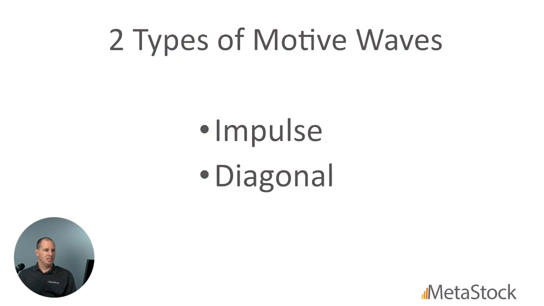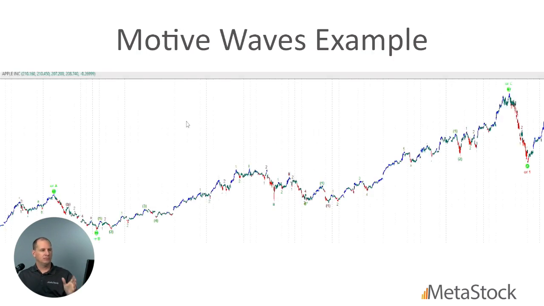Okay, so there's 2 types of motive waves. We're not going to get into a lot of detail here. One of them is impulse and one's diagonal. Now, 98% of motive waves are impulse, so don't stress about that. That's not something we're going to get into here. So here's an example of motive waves.